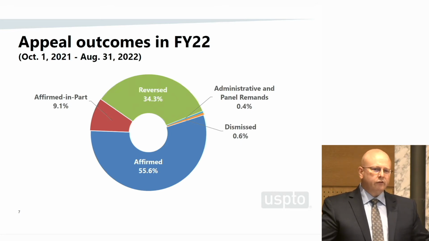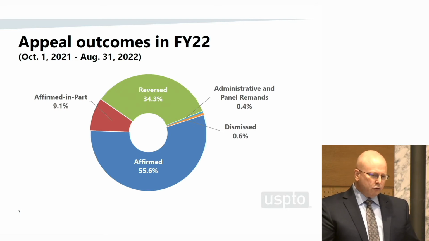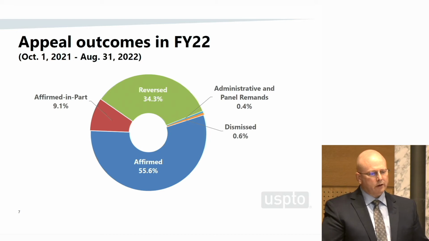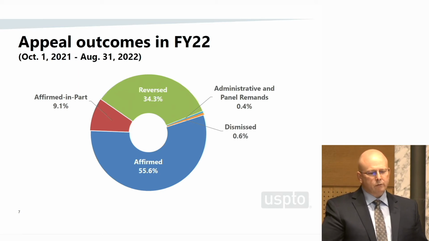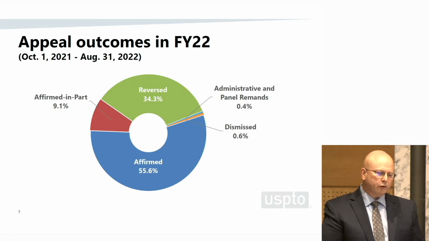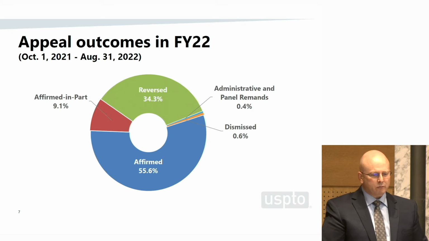Appeal outcomes, this is outcomes of appeals at the PTAB. You can see that the examiner is reversed about 34% of the time completely. There's a partial reversal, partial affirmance in about 9% of our cases, and with the exception of a few small cases in administrative remands or dismissals, which doesn't happen very often, the examiner is affirmed about 55% of the time.